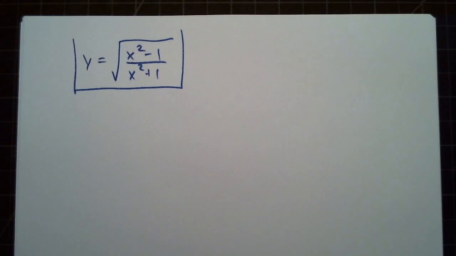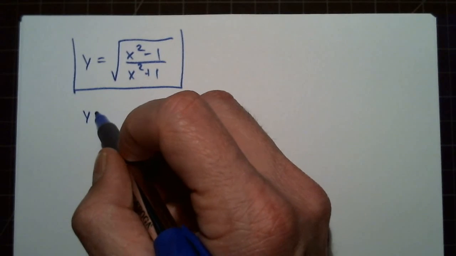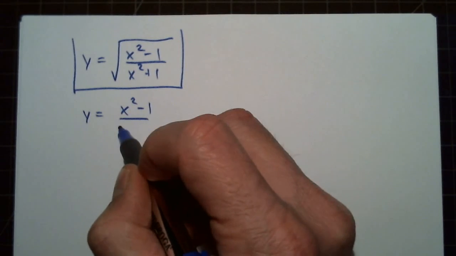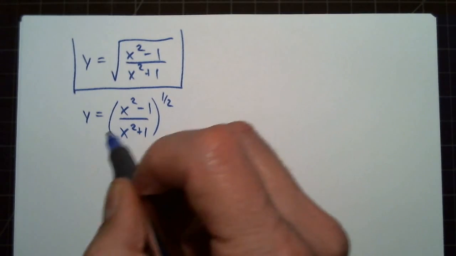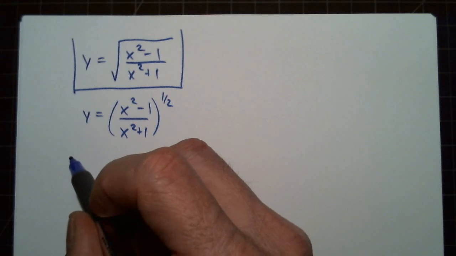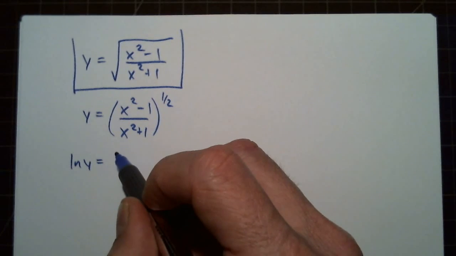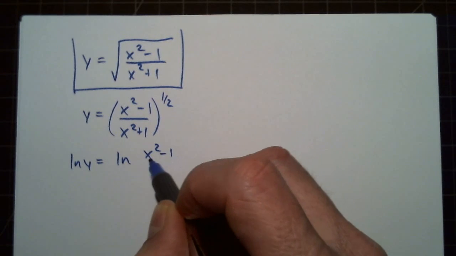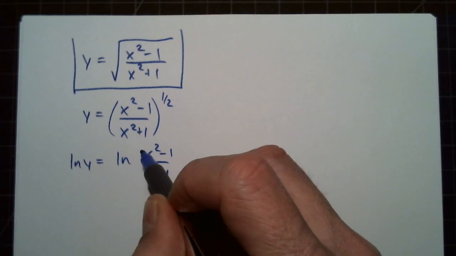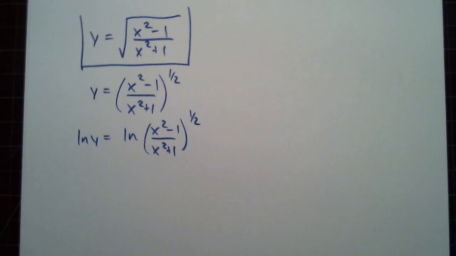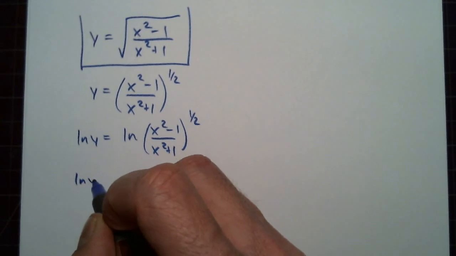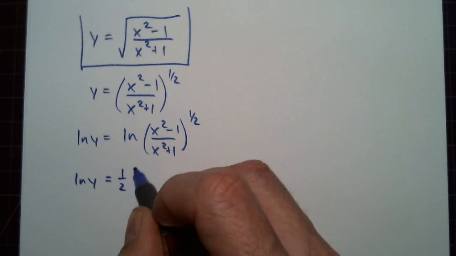So let's differentiate using logarithmic differentiation. Pause the video and try this one. Now we have natural log of y, natural log and that allows us to move the exponent.